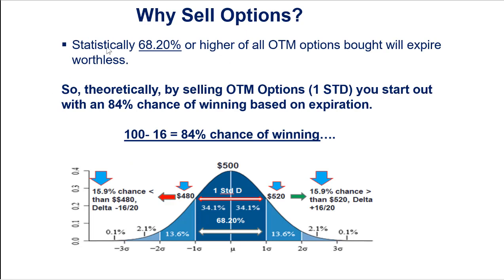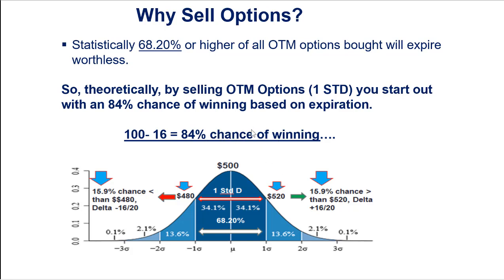So in summary, why sell options? Statistically, theoretically, 68.2% or higher of all out of the money options bought will expire worthless. So by selling out of the money options, one standard deviation out of the money, you're going to start out with an 84% chance of winning based on these statistics. If you took 100 delta minus the 16 delta, right here at this outside point at 520, that gives you an 84% theoretical chance of winning.